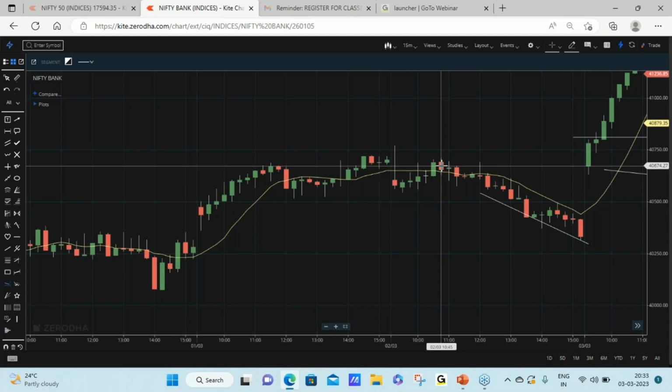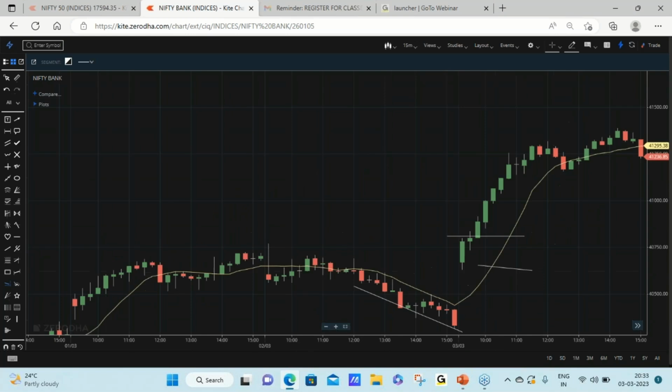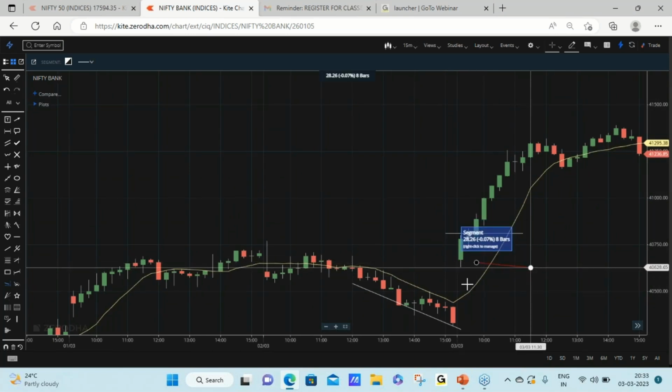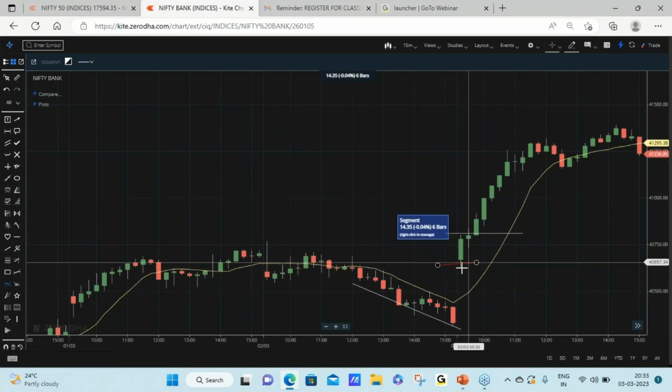That is what is needed. Even if it's a red candle, that's okay. The candle should close above 10 SMA. Please remember, it has to be the first candle which is closing above 10 SMA, be it green candle or red candle. The first candle, you will mark high and low of it.